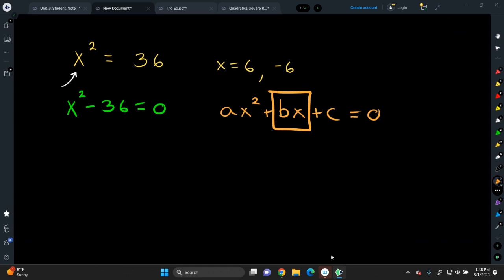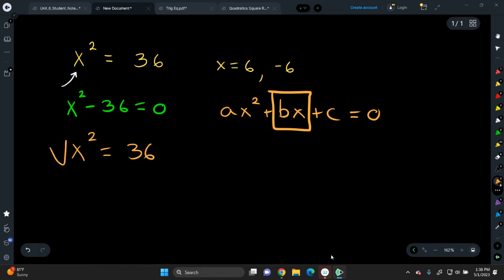Anytime that happens, we can solve it just by taking the square root of both sides. So when we have x squared equals 36, if we take the square root of both sides of this equation, I can solve it. Okay? Just to let you know, you can still use the quadratic formula, but it's a lot more work. So all I do is take the square root of both sides.